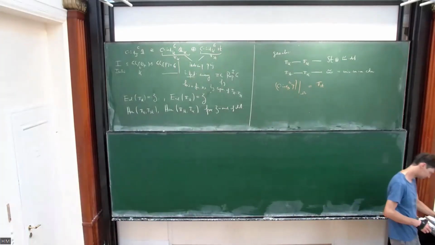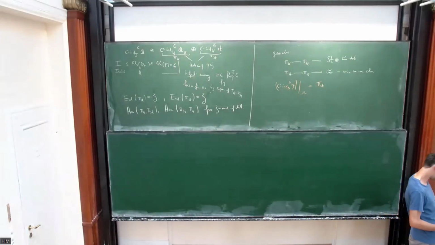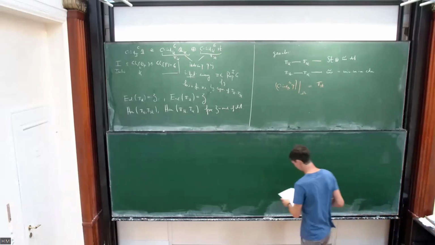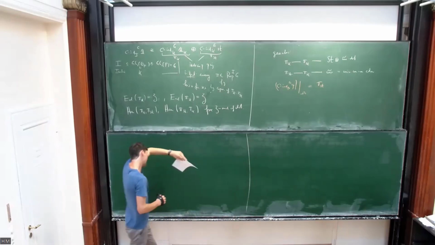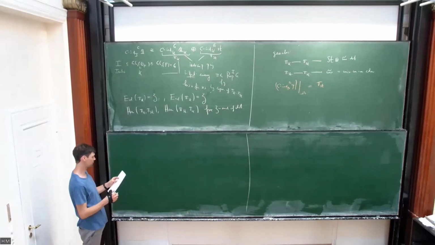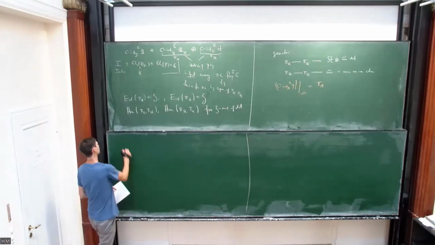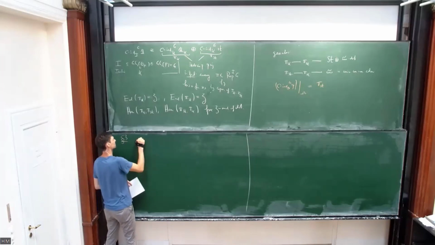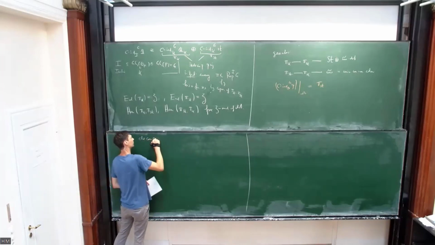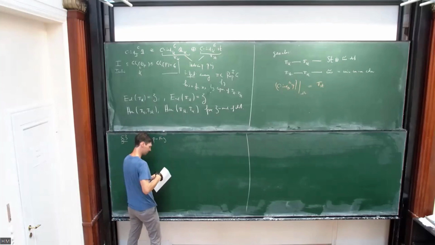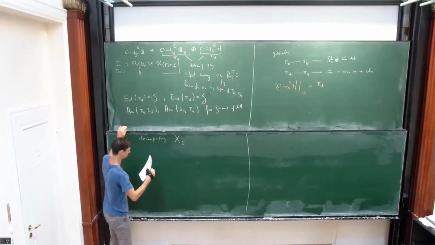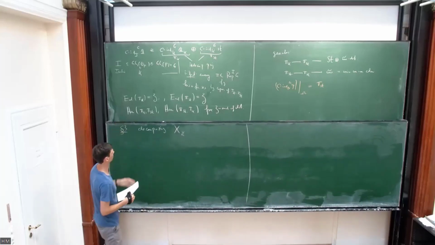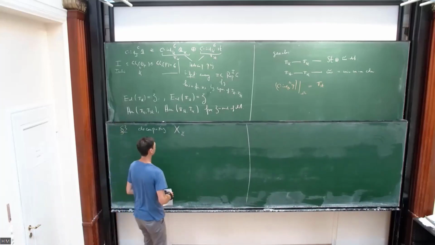So maybe just a few words on how this looks on the side of the stack of L parameters, decomposing X dual into connected components.